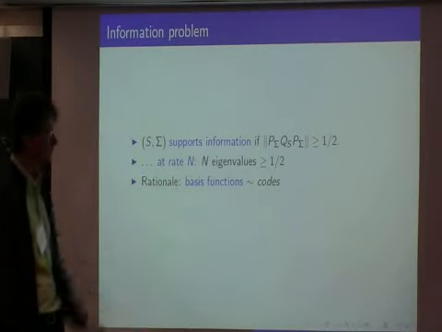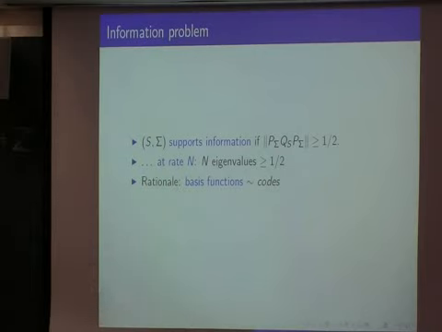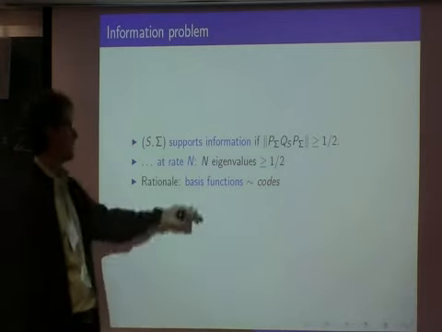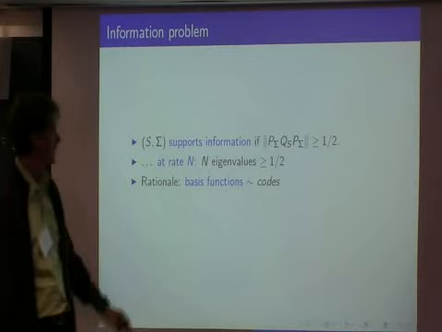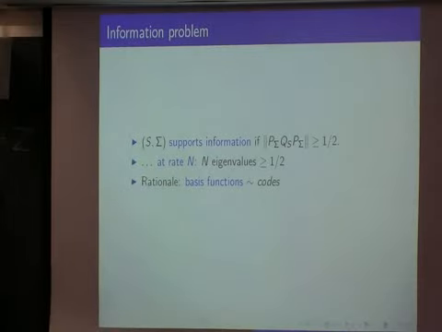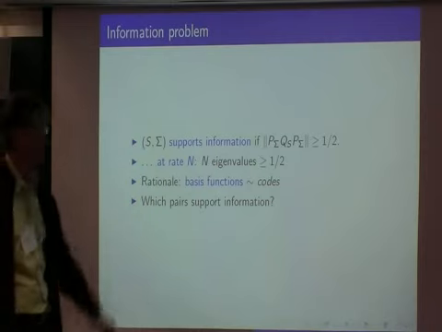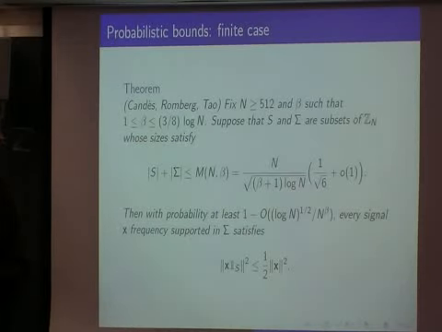My knowledge of coding theory is superficial at best, but it seems the motivation is that you're trying to think of the basis functions that correspond to the time frequency localization operator as giving you an efficient set of codes for transmitting information. So the question is which pairs support information. You have a trade-off between what part of the spectrum you're able to use with a physical device and how much energy you can get in that part of the spectrum in a finite amount of time.